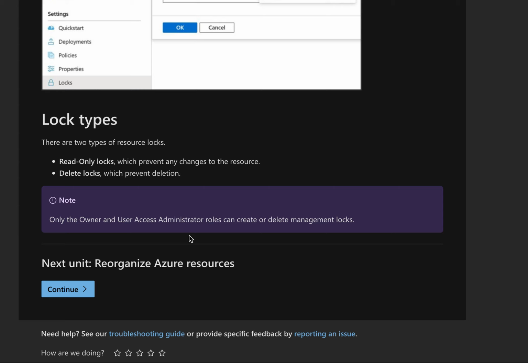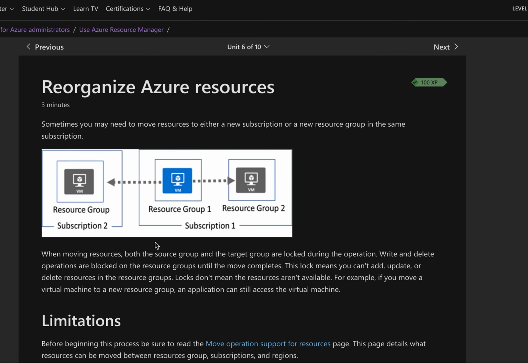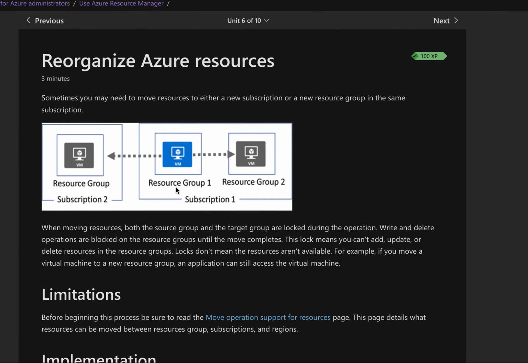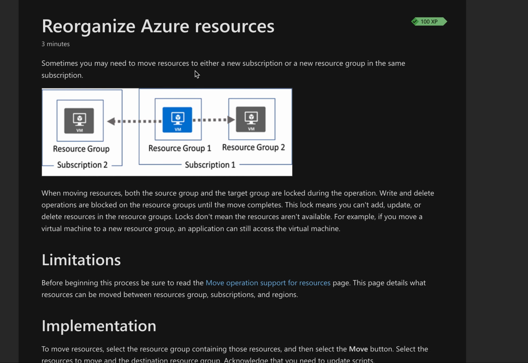And we are now going to look at how to reorganize Azure resources. Alright, so sometimes you may need to move resources to either a new subscription or a new resource group in the same subscription.